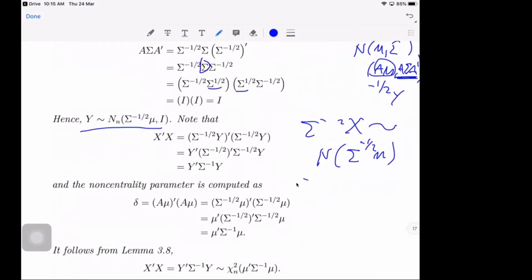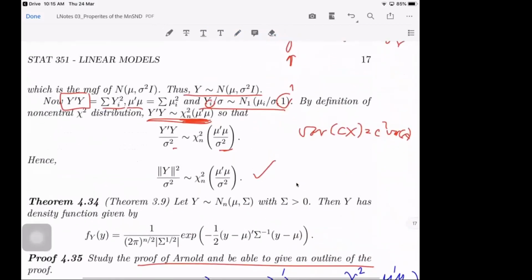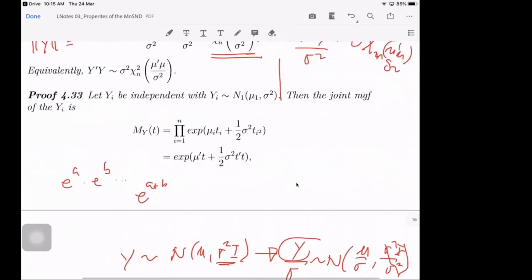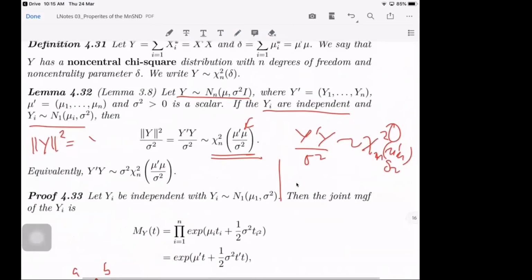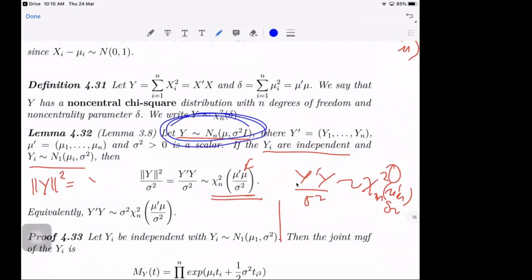So take note, our aim is to meet the assumption. For the chi-square, the assumption is met if the random variables are normal with mean mu and variance sigma square.